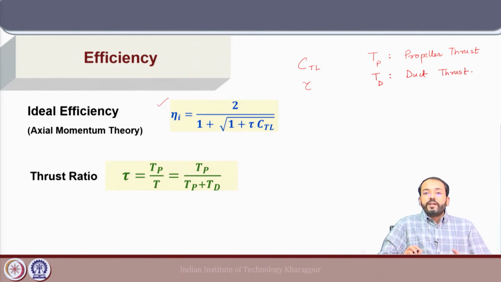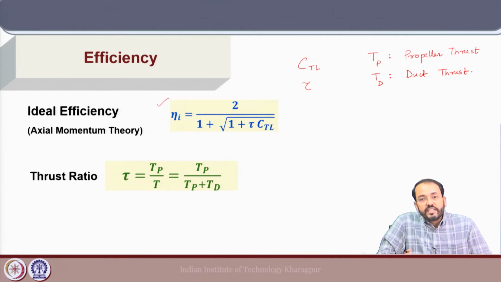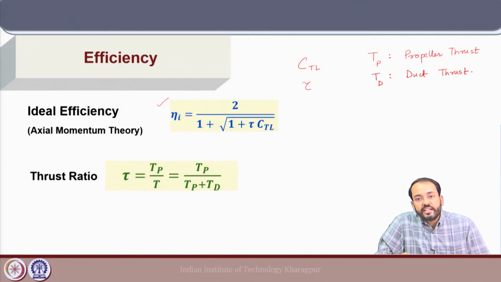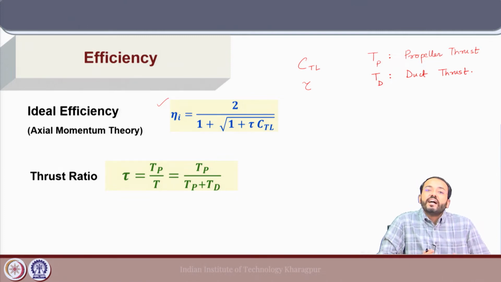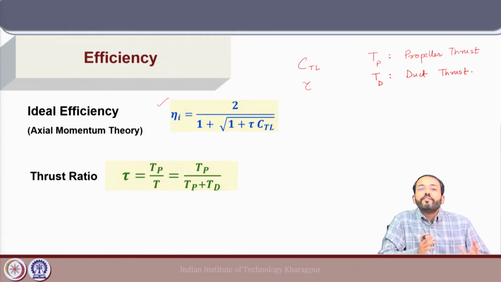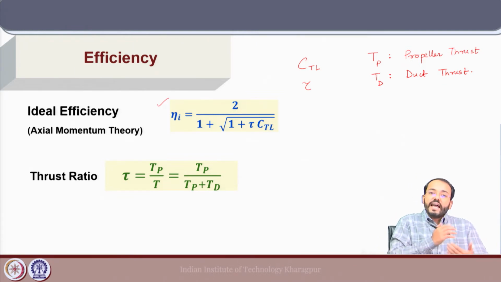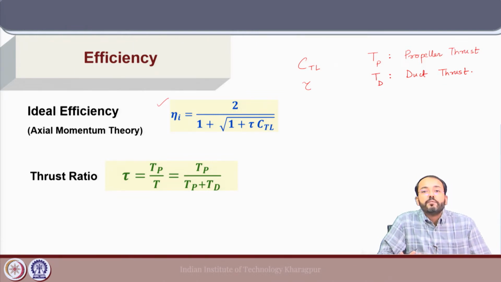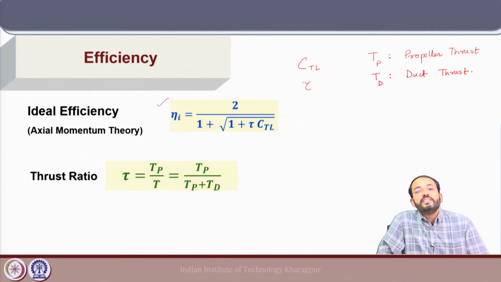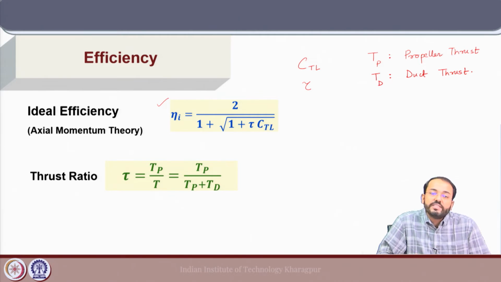For a ducted propeller, the total thrust is the thrust generated by the propeller added to the thrust generated by the duct. Now, for a standard ducted propeller, the configuration is that of a propeller with an accelerating duct, that we have mentioned before. The accelerating ducted propeller is the standard version used in practice, where the duct provides a positive thrust in the direction of the motion of the ship.